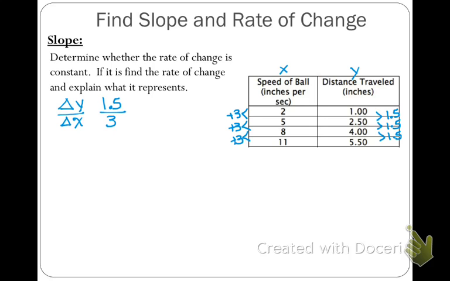And again, if I put that in my calculator, I'm going to get 0.5. Now, what this means for this particular situation is my ball travels 0.5 or 1/2 inches per second.